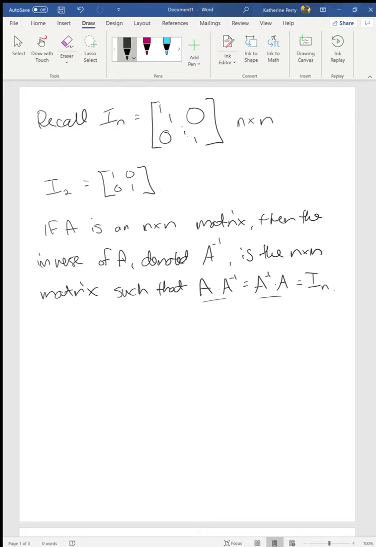And so when n is equal to 2, we have a special formula for determining what the inverse of a matrix is. So when n equals 2, we have the following theorem.